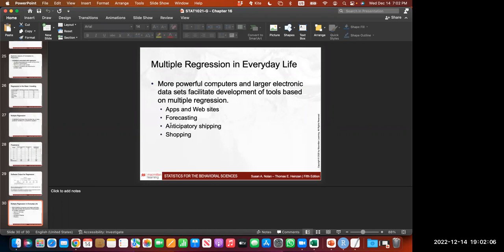All these models derive information that you have provided to them, passively or actively, and will use it to predict your future behavior. It will forecast your shopping behavior. It will facilitate aspects like anticipatory shipping, which we talked about, delivery within one day. It will only be possible if you have such predictive models.